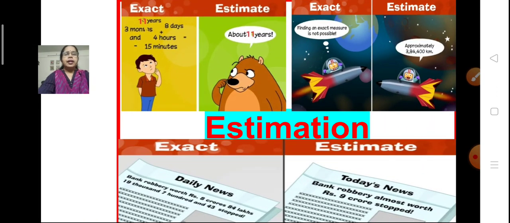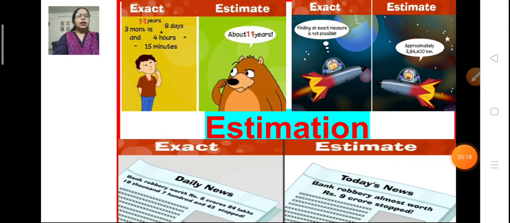Yes, the next topic that we are going to revise is estimation. We had discussed earlier that there are many real life situations where it is difficult to know and remember the exact numbers. In those situations, we just try to find the estimate of the numbers.